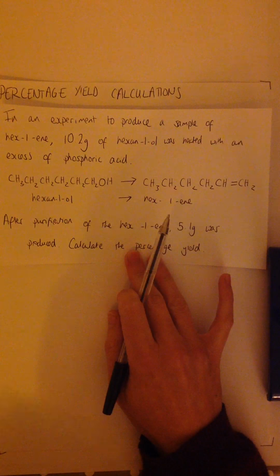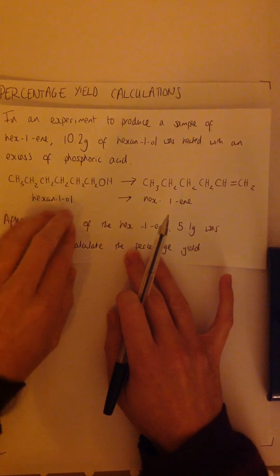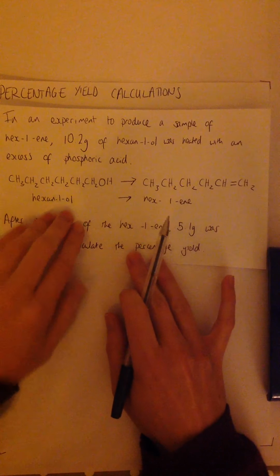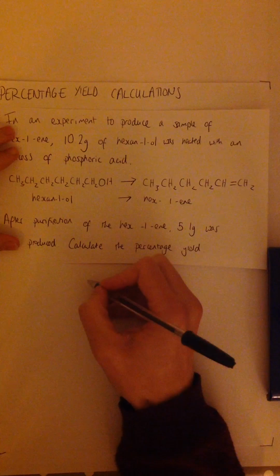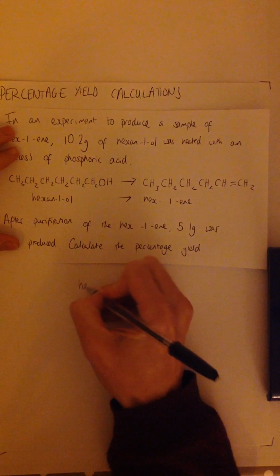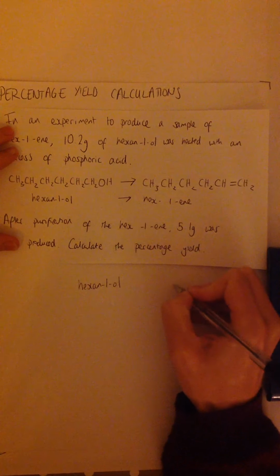This is how much we would expect to make if the reaction was perfect, and this is much the same as our reacting mass calculations. So I take the two important chemicals from this equation. We have hexanol and Hex-1-ene.